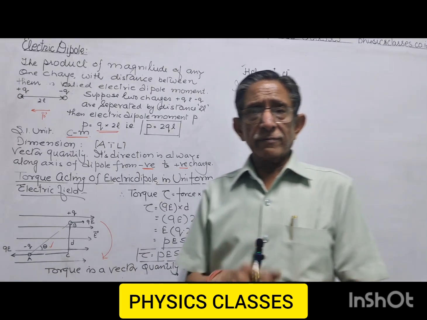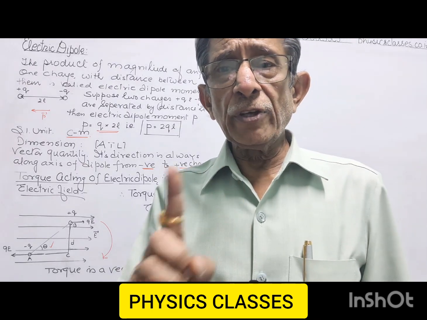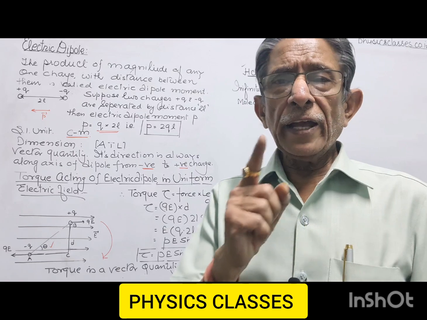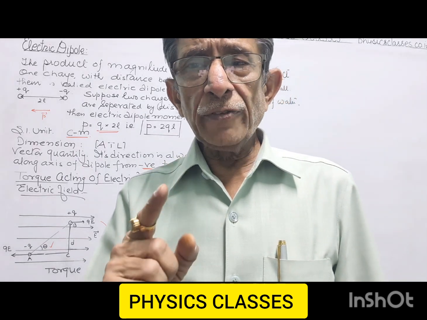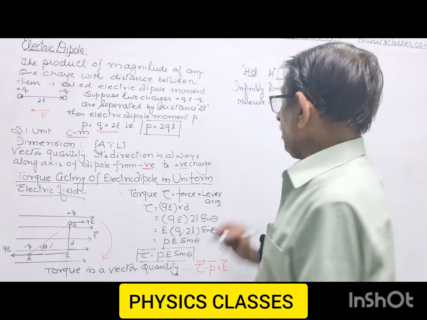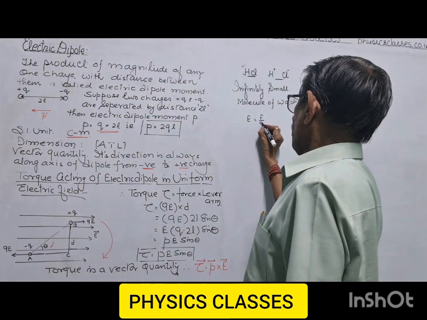We have studied positive charge always experiences a force in the direction of electric field, and negative charge experiences force opposite to electric field. We have studied E is equal to F upon what?